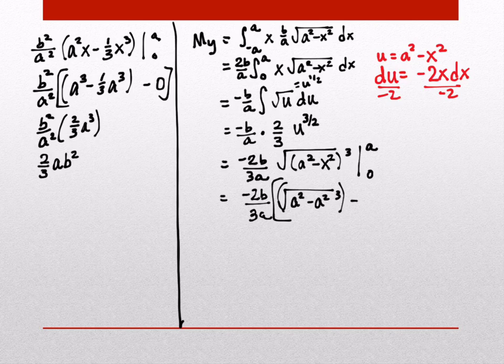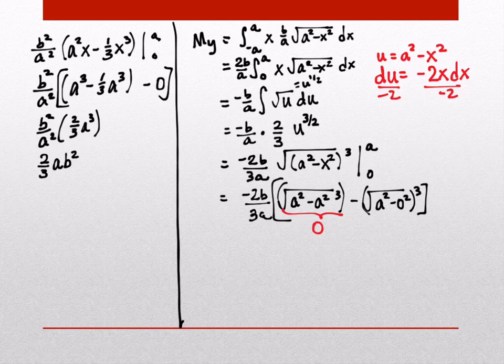And then I'm going to plug in my 0, which is the square root of a squared minus 0 squared, cubed. So the first piece all became 0. On the second piece, I have the square root of a squared, which is just going to be a, and then I've got the cubed. So this piece is going to be a cubed.